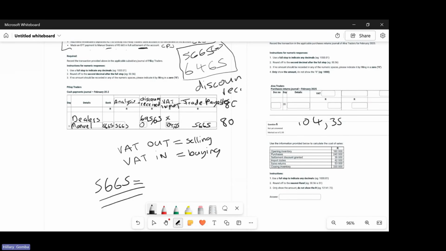If we don't have a discount, you record it as a normal transaction. You record the amount, you calculate the VAT of that amount, you record it, and then you record your trade payables account. Remember, trade payables is the amount including VAT, and purchases is the amount excluding VAT.